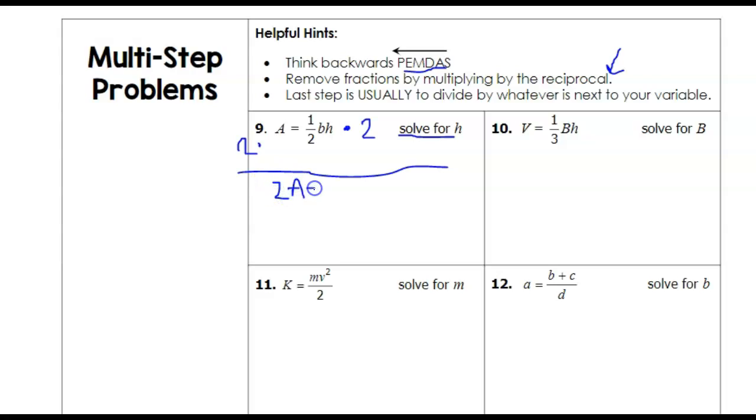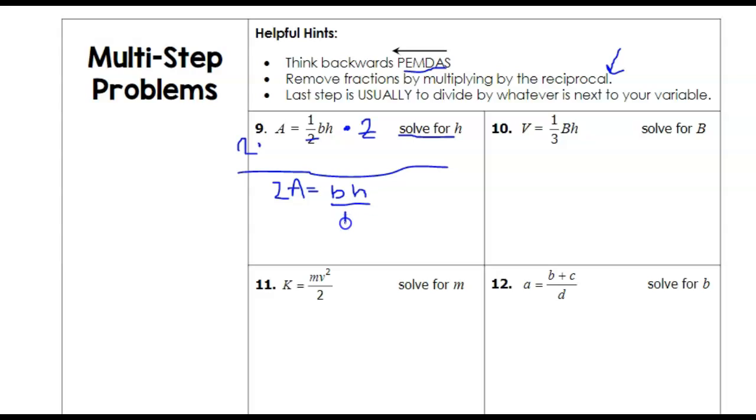On the right side, I start getting rid of the things beside the h. So on the right side, that 1/2 cancels, and I'm just left with b h. I don't have to write the 1 here because we know that's a 1. The next thing I want to do, guys, is get rid of the b, so h can be by itself.